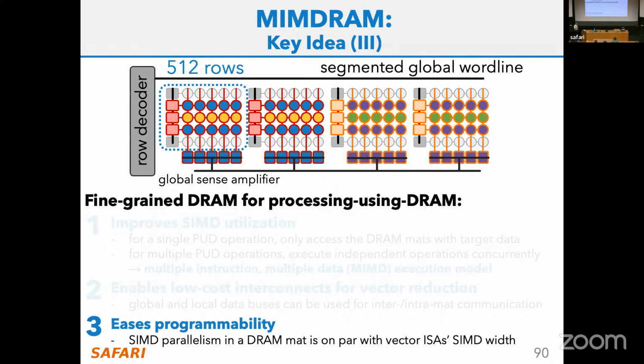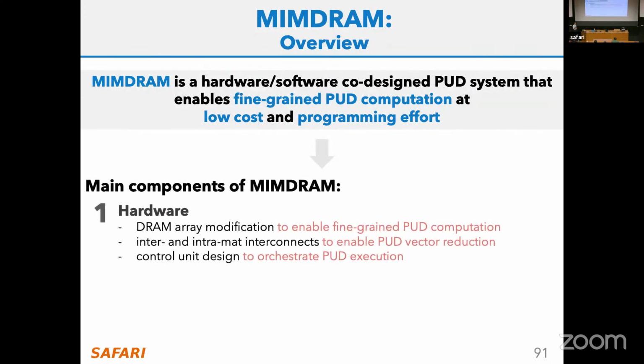So I can reuse vector compilers to generate code not only for processor-based vector engines, but also for this processing using DRAM substrate. So we are going to use all of these ideas to design this hardware-software processing using DRAM system that is going to leverage fine-grained DRAM for a low-cost and low-programmability-effort processing using DRAM substrate.